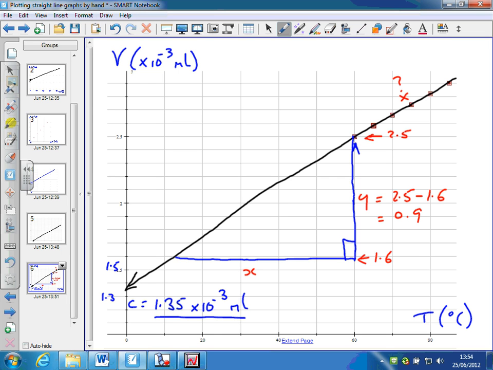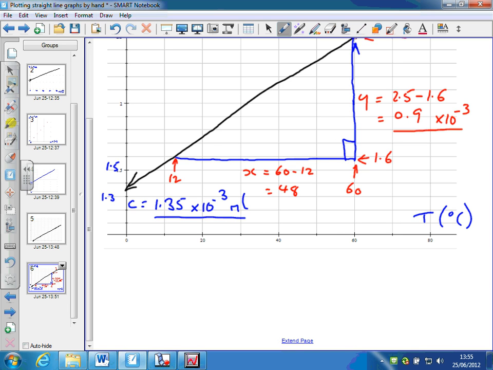But don't forget, that's times 10 to the minus 3, because the scale is times 10 to the minus 3. What about the x-axis? Well, this point here is 60. This point here, if that's 20, 10, around about 12. So x equals 60 minus 12, which is 48.